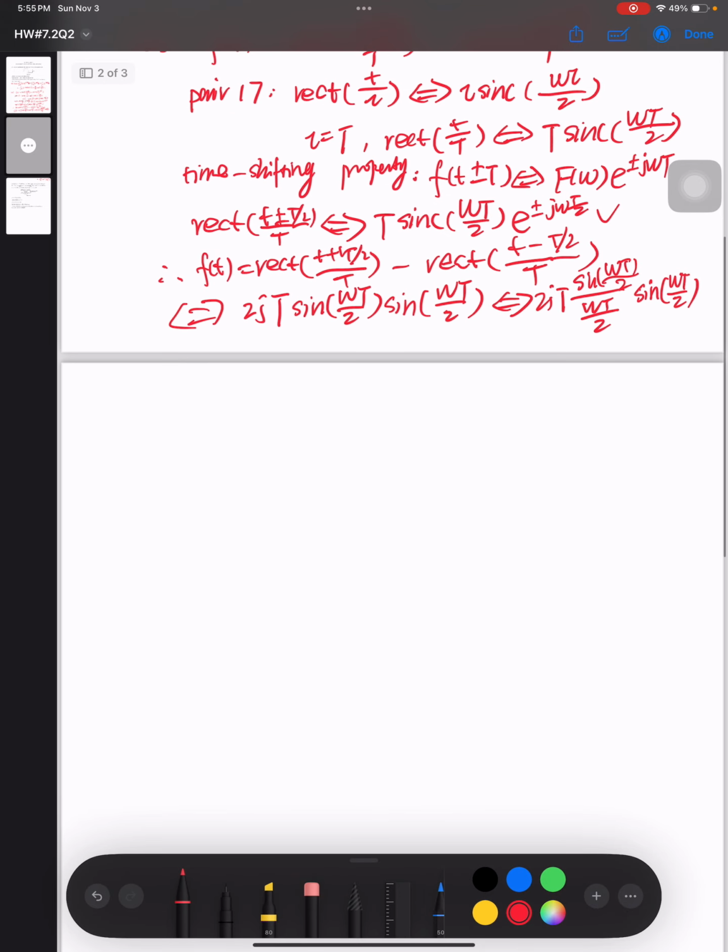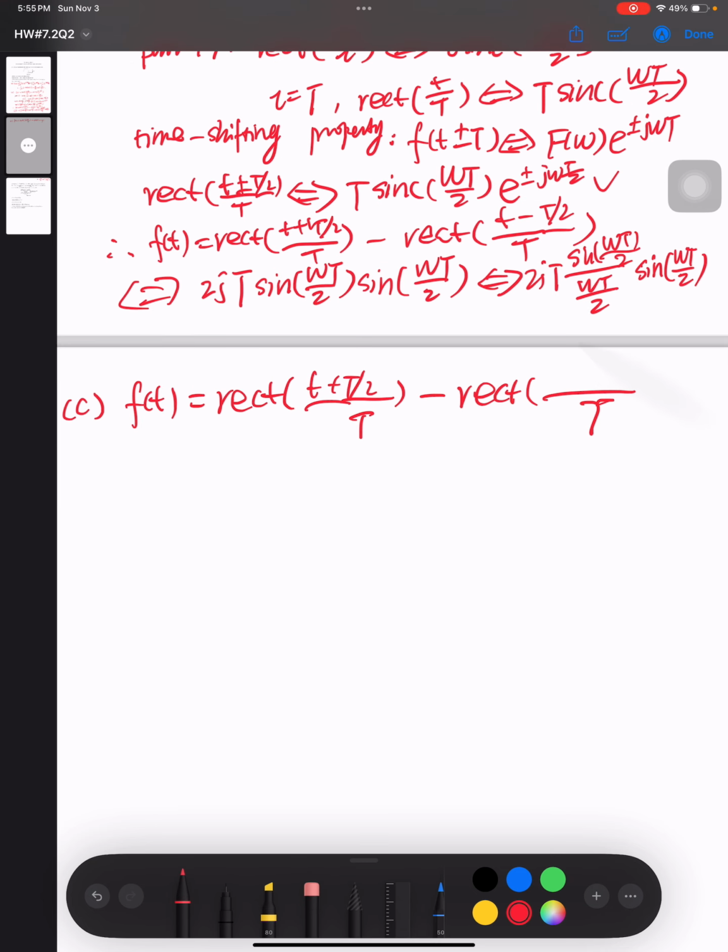For the C method, we already have f(t) as two rectangular functions, rect of (t plus T over 2) and rect of (t minus T over 2), and we directly take the derivative of f(t), df/dt.